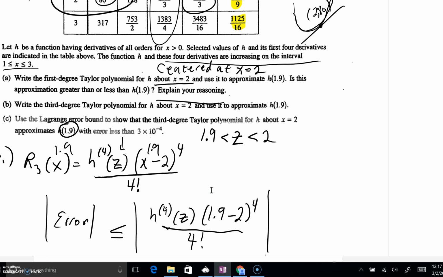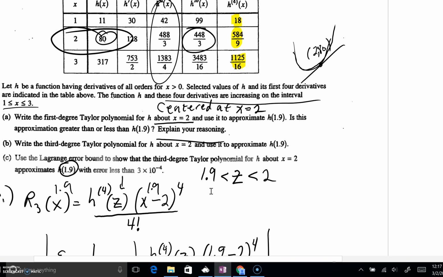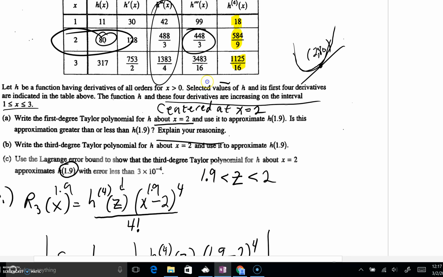But remember, we're trying to deal with a worst case scenario. We're trying to say what would make this error as large as possible so we could say we can't do any worse than this. Please understand that your derivatives are increasing. So at 1.9, I don't know what the fourth derivative of h is. I do know what it is at 2, but I know that these values keep getting larger and larger.